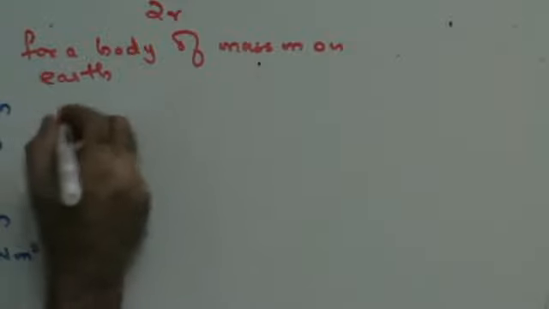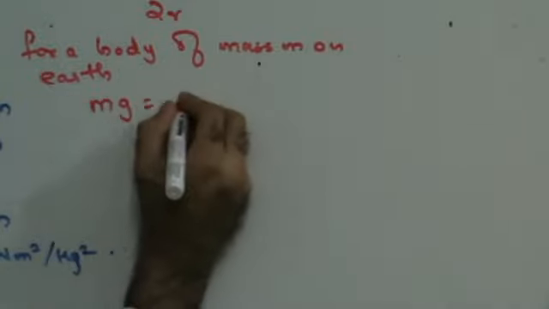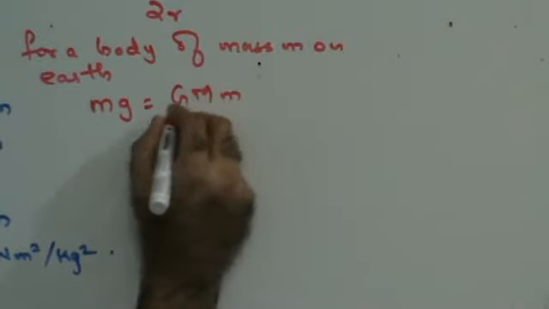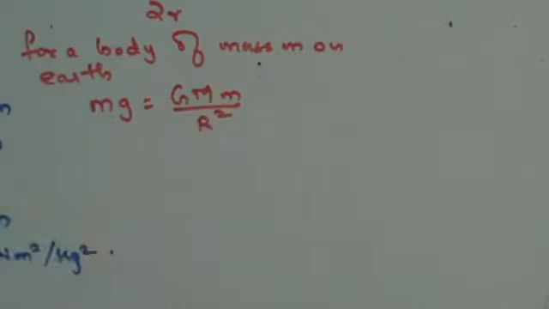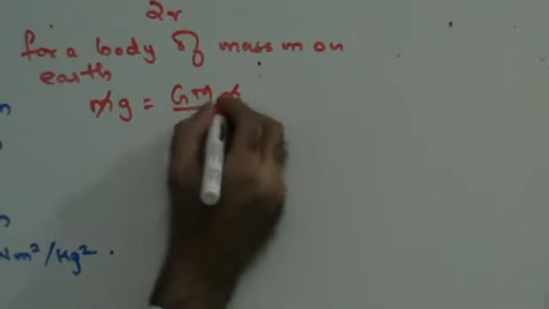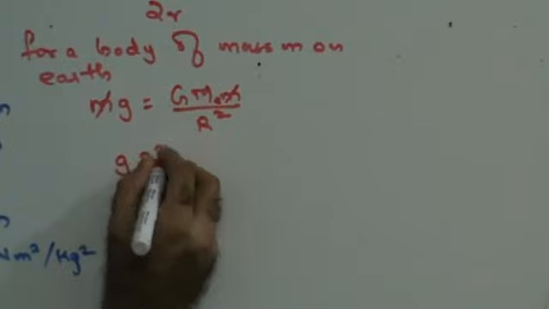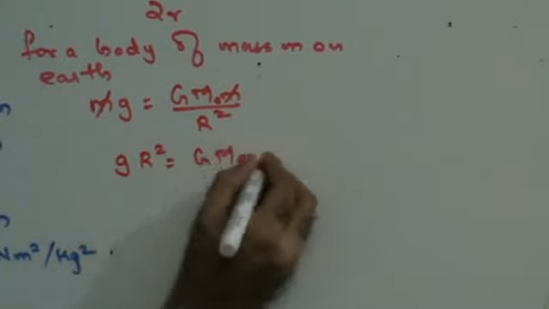the weight of the body mg is nothing but GMm upon R square, right? So in that case m and m gets cancelled. In that case you will get that g into R square is G into mass of Earth.